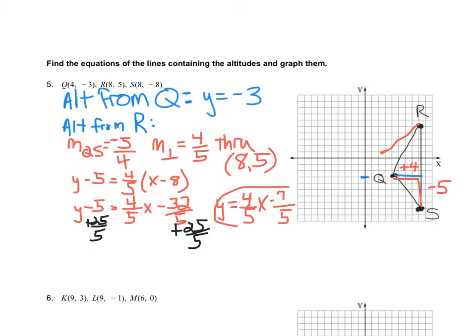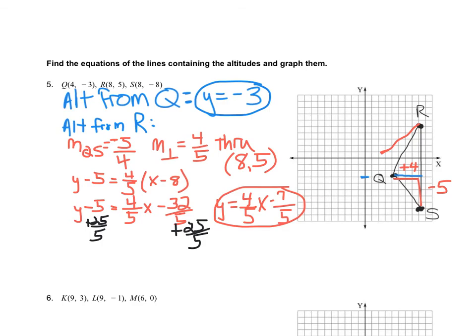So far we've got the blue equation coming across as a horizontal line, and our red equation coming across from point R to segment QS.